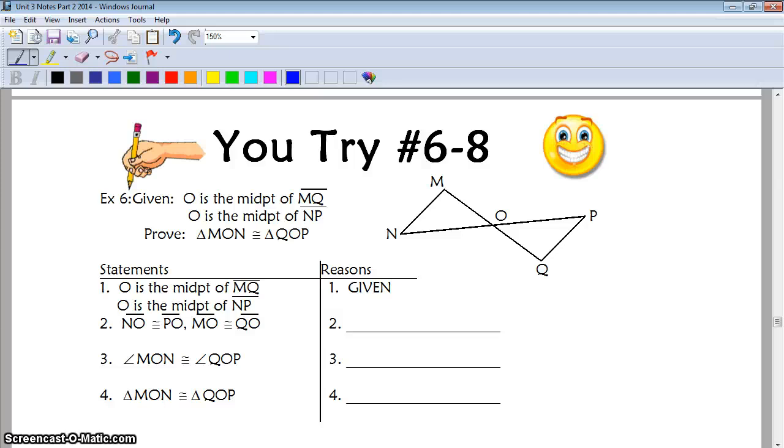Some of them you need to fill in the given. So pause. Don't keep listening to me. Miss Murphy's going to be on you like a hawk, walking around to make sure you paused it. It's not moving, and you're actually trying 6, 7, and 8. If you get stuck, then you may replay. I will put the answers on here in a few seconds. Make sure you pause and think for yourself.